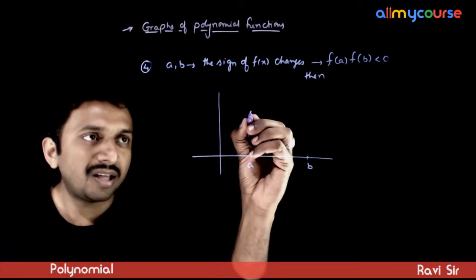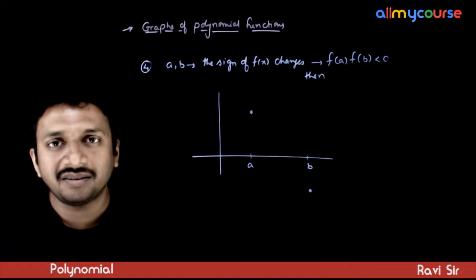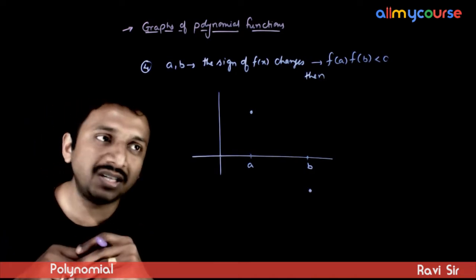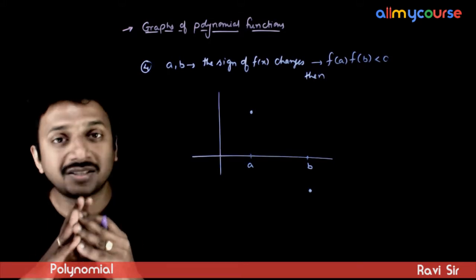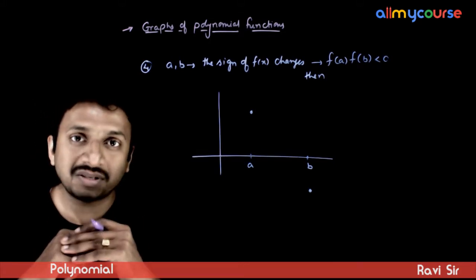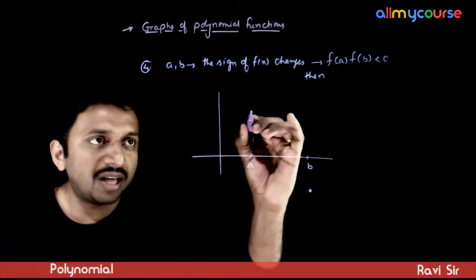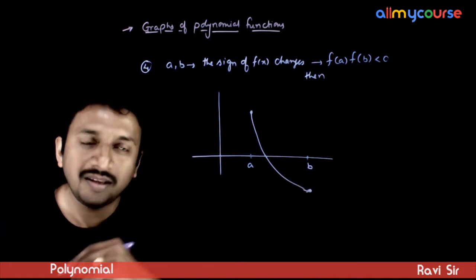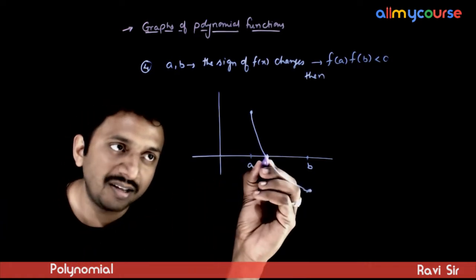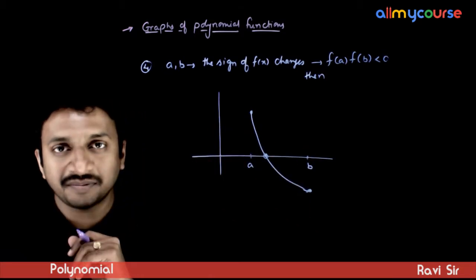So if f is positive at A and negative at B, what are the different possibilities for graphs between A and B? Because the polynomial graphs are continuous, they have to be continuously moving from this point to this point. So the graph can go like this. That means it has to cut the x-axis at some point between A and B.